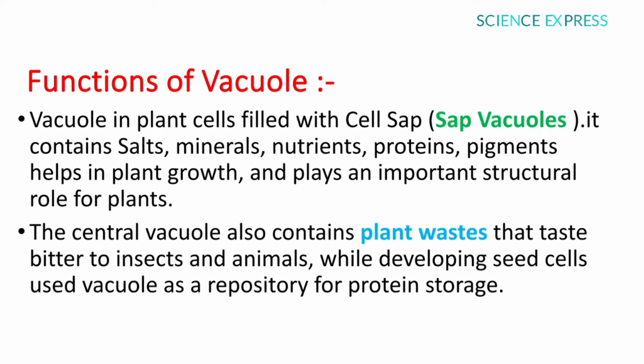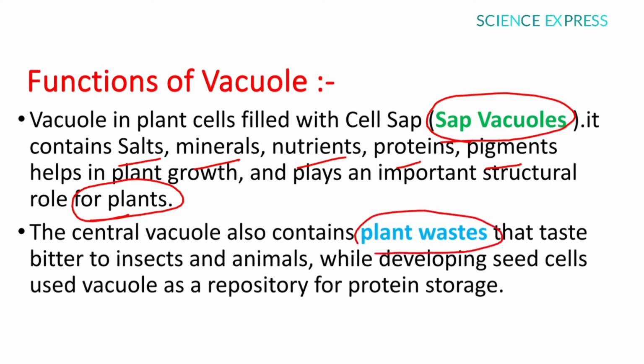The vacuole in a plant cell is filled with cell sap, which is called the sap vacuole. It contains salt, minerals, nutrients, protein and pigment, helps in plant growth and plays an important structural role for plants. The central vacuole also contains plant waste that tastes bitter to insects and animals, while developing seed cells use the vacuole as a repository for protein storage.